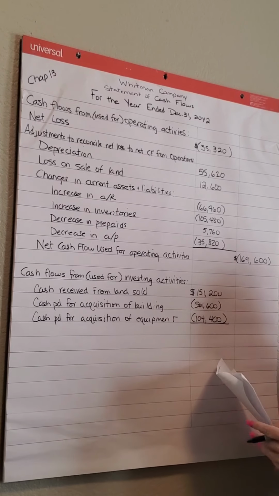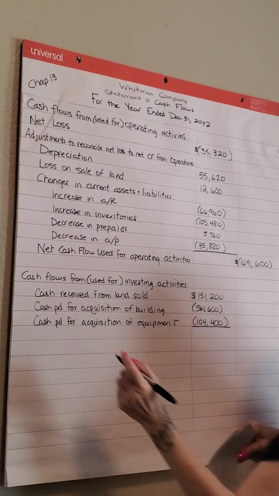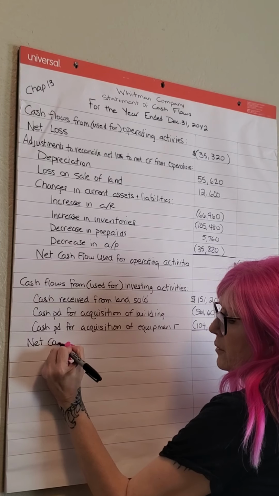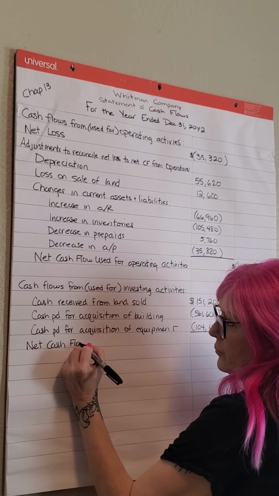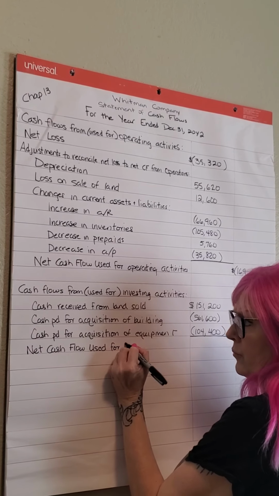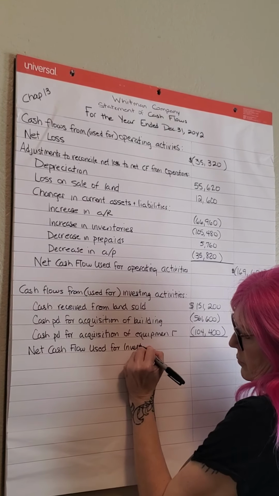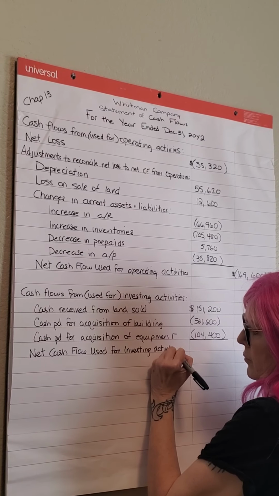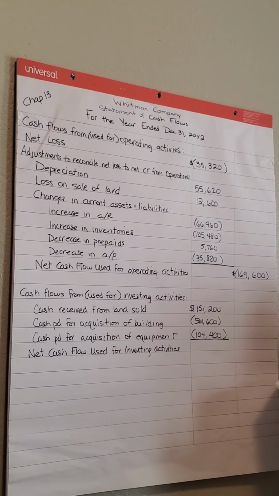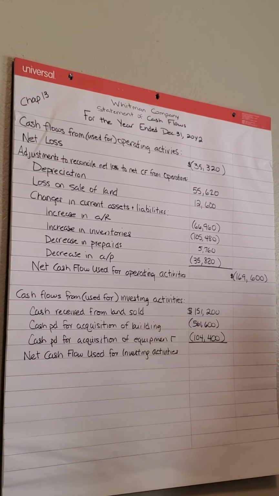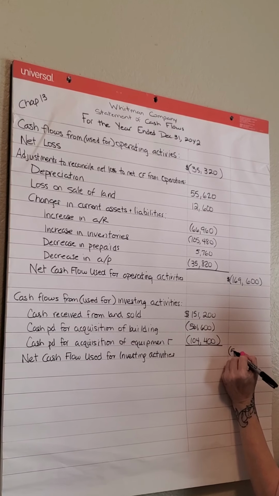And so we can calculate out the full net cash flow used from investing activities. So that's going to come all the way out to the far corner, and that's a use in cash of $514,800.